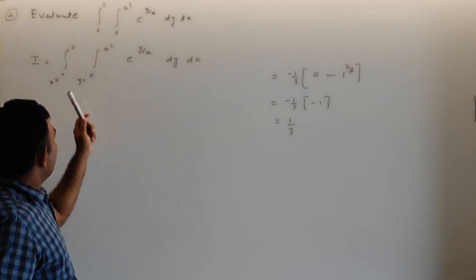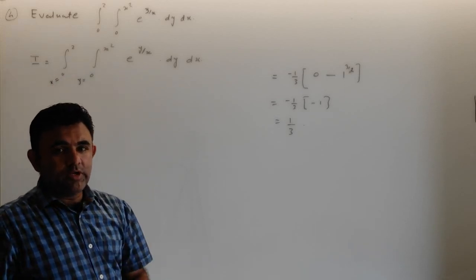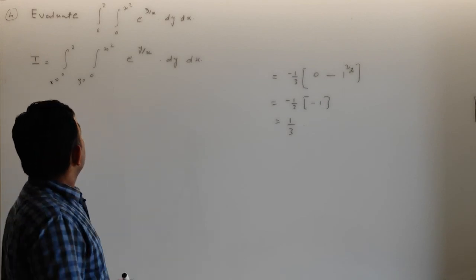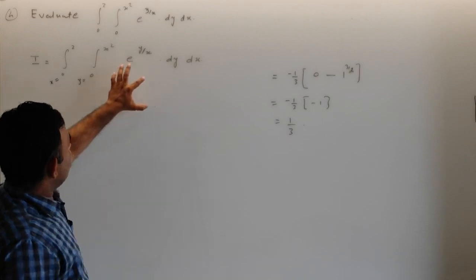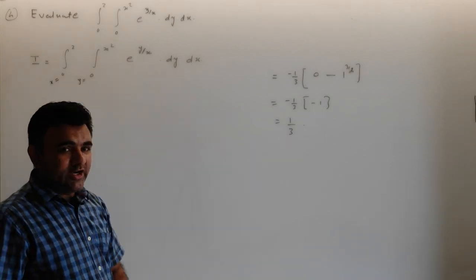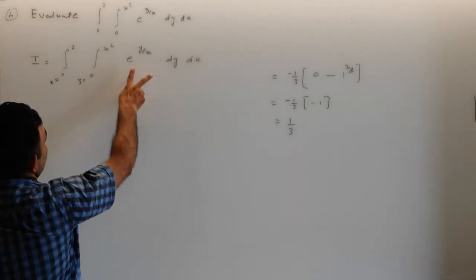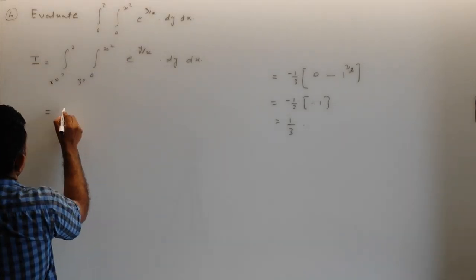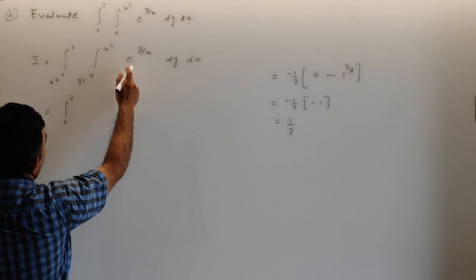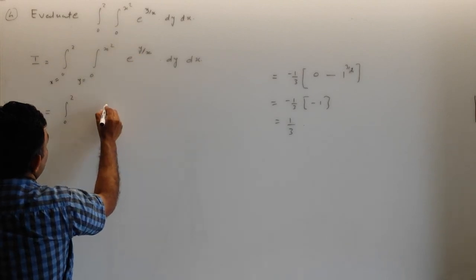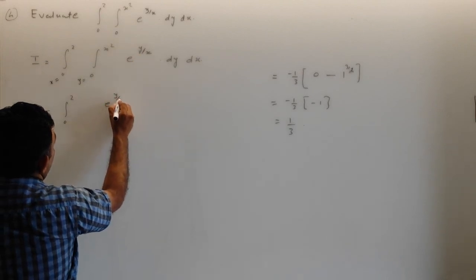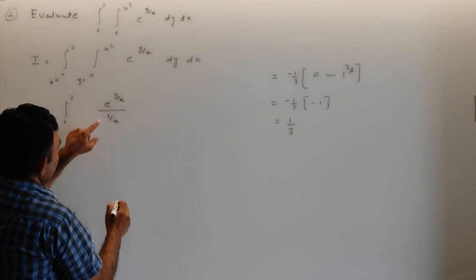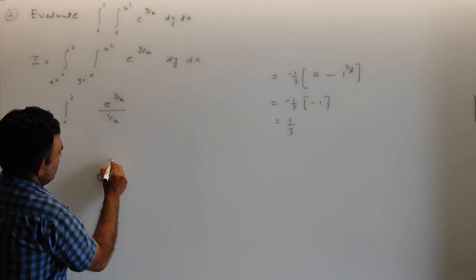So here limit of y is variable, so according to the rule we will integrate first with respect to y. So to integrate with respect to y, we will treat x as a constant. So in this term y by x, 1 by x is a constant. So integration 0 to 2, and now integration of e raised to y by x is e raised to y by x divided by 1 by x. See, you consider e raised to y by x.